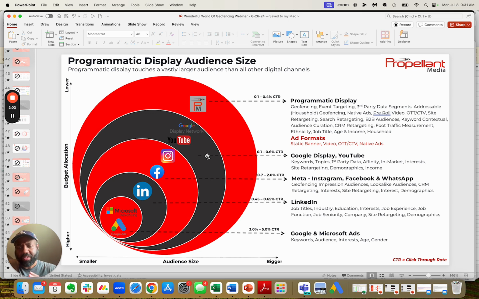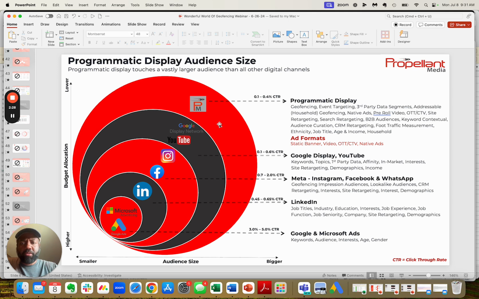But you have to have a much more open mind. And we've seen study after study, when you put media dollars towards multiple channels and you're hitting the right audience, it lifts all of the media channels. It lifts all of the metrics that you're looking to take advantage of from a KPI standpoint, whether it be leads, sales, clicks, whatever it may be.